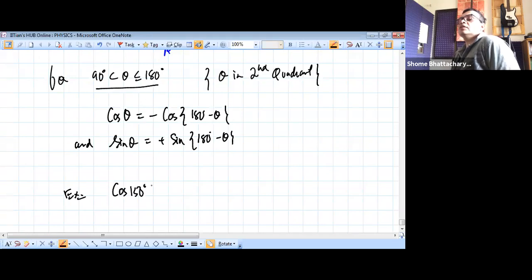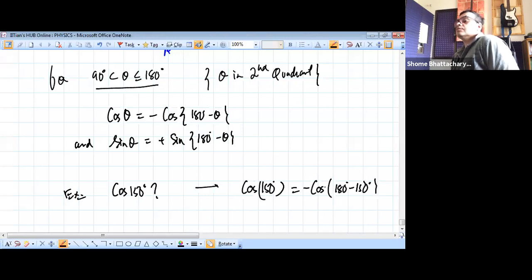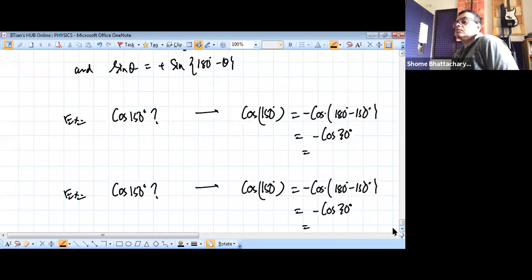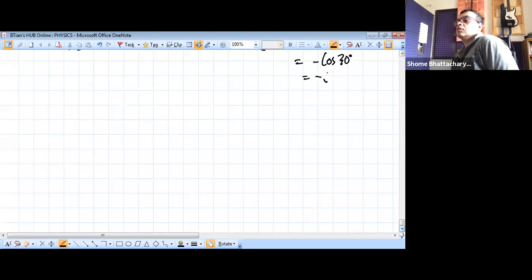So for example, what will cos 150 degrees be? So we'll use this formula that cos 150 will be minus of cos 180 degrees minus 150. Okay. So that is minus of cos 30 degrees. So that is minus of root 3 by 2. Okay.